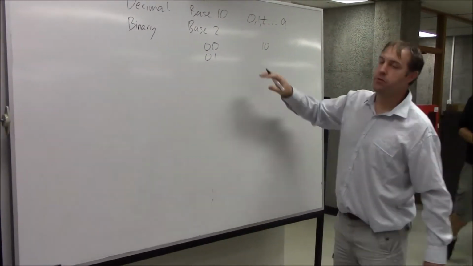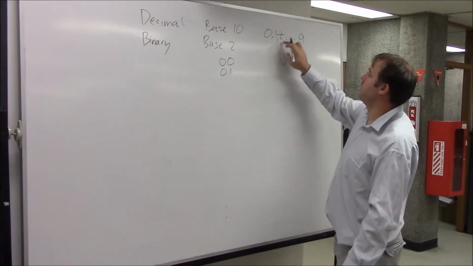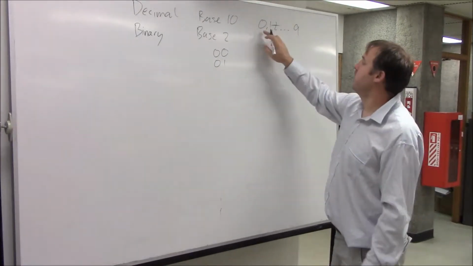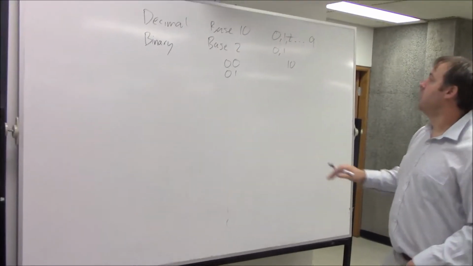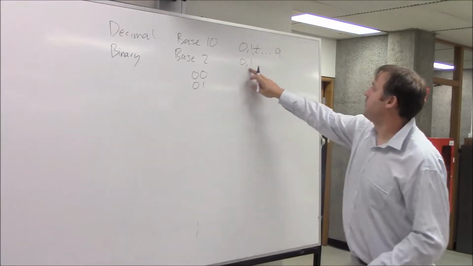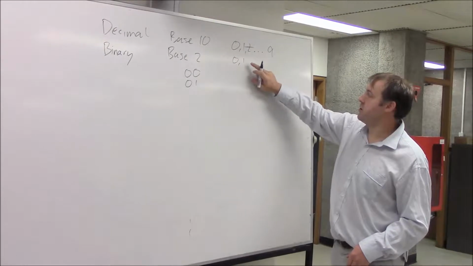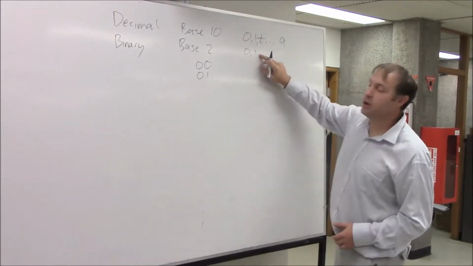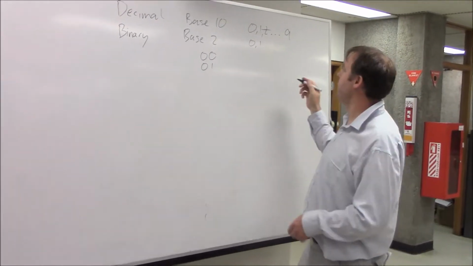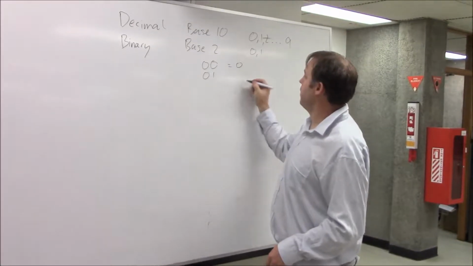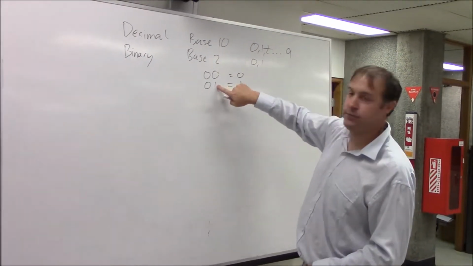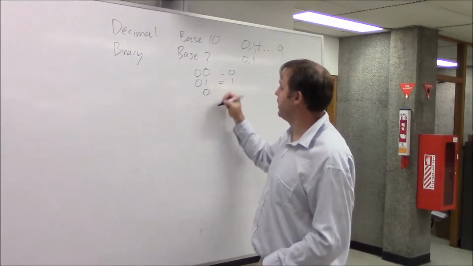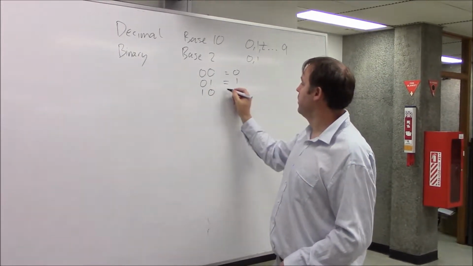So we've only got the 2 symbols now, so we don't have the 0, 1, 2, right through to 9. We've only got 0, 1. So now, if I want to count up to the next digit, which is 2 in decimal, I'm going to need to use 2 digits. Okay? This one is equal to 0, this one's equal to 1. And to count up the next one, I've run out of digits, so I'm going to reset it back to 0 and increment the next one by 1. Like what you did before.